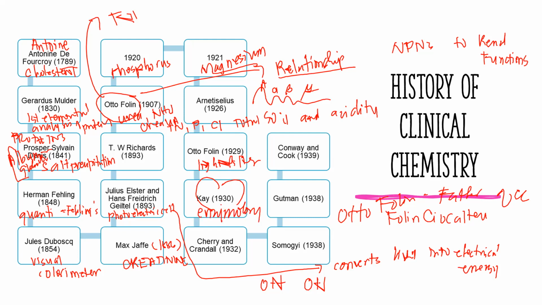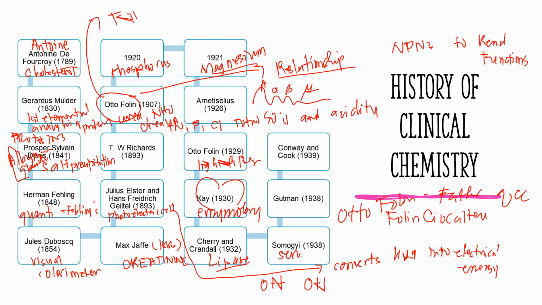Next in line, we have Cherry and Crandall, the method for lipase determination. Next, in 1938, we have Nelson and Somogyi, the test for serum and urine amylase.